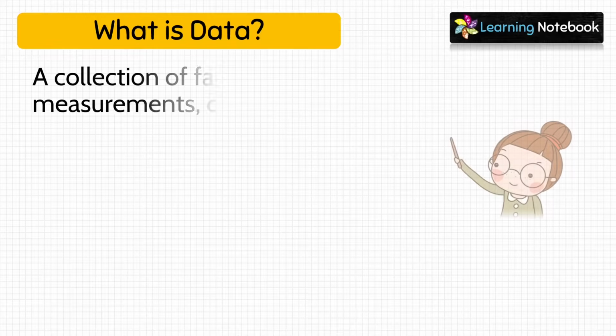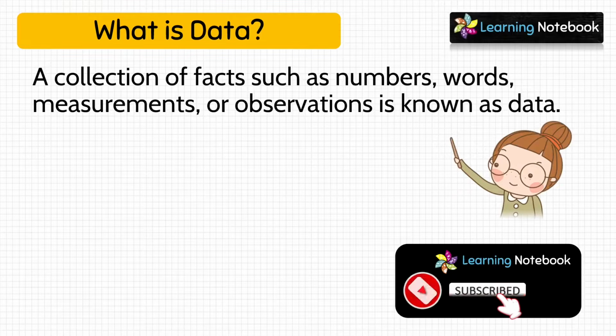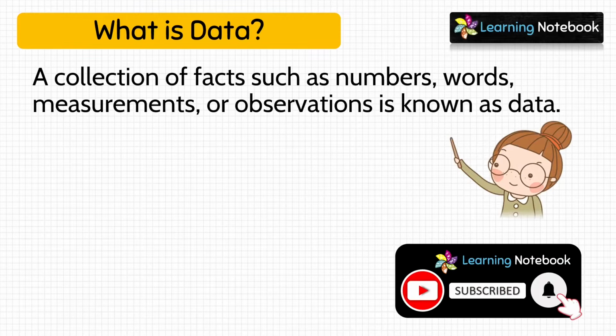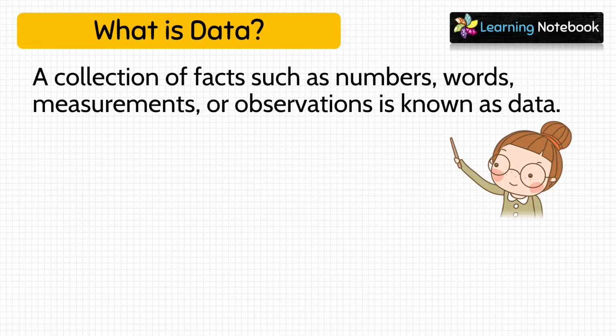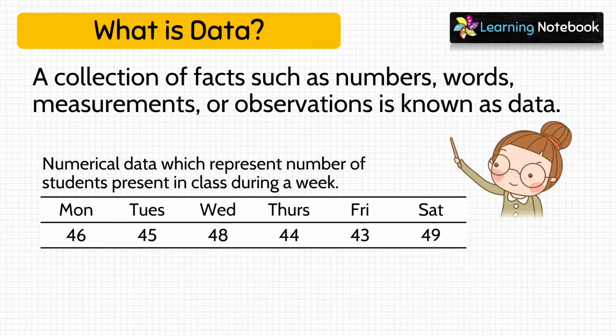By definition, a collection of facts such as numbers, words, measurements or observations is known as data. For example, this numerical data is representing the number of students present in class during a week.